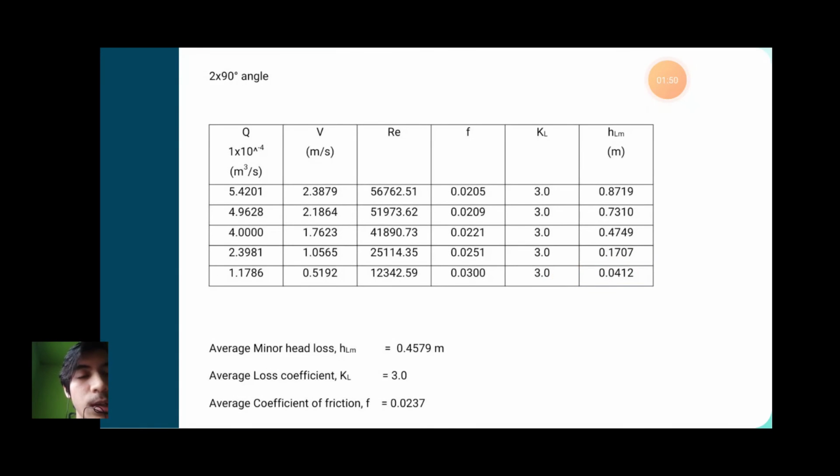For 90-degree angle, we get the average minor head loss of 0.4579 meter, average loss coefficient of 3.0, and average coefficient of friction of 0.0237.